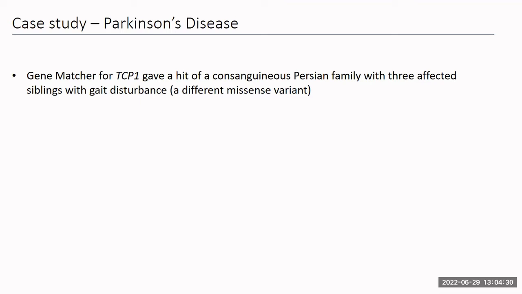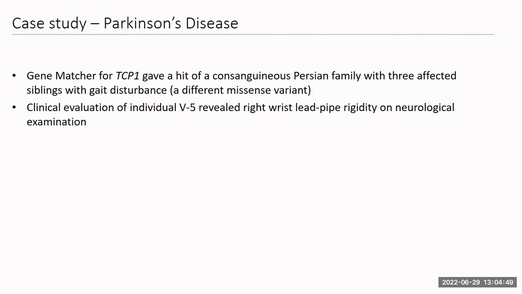We found a hit with another consanguineous Persian family with 3 affected siblings, and they all presented gait disturbance. And this was actually a different missense variant in the same gene, but it was approximate to our variant. So then we thought, okay, let's check again V5, the sibling that was considered to be healthy.